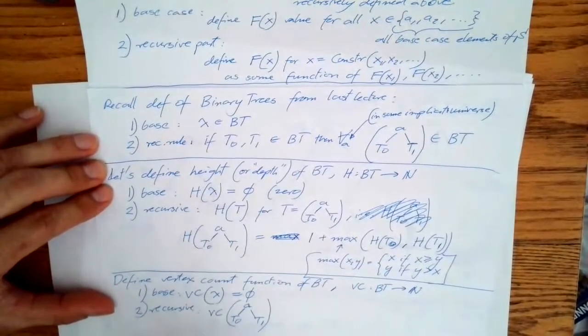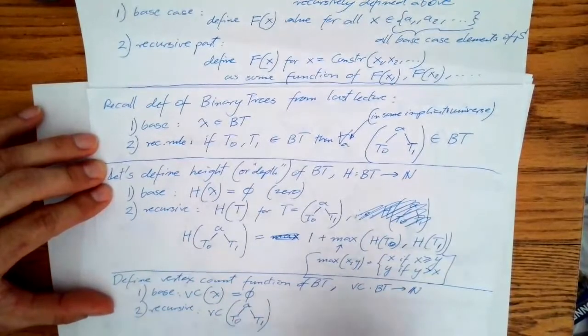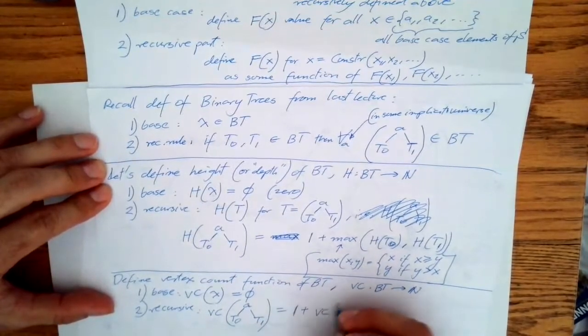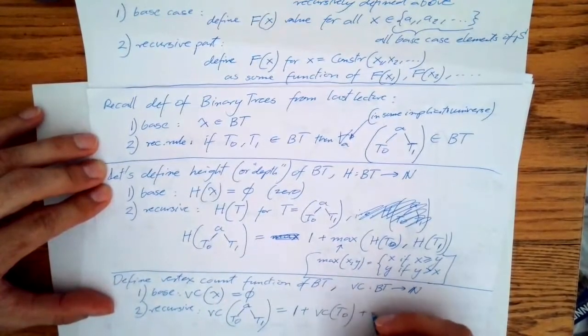I just have to define the VC on this type of tree as a function of the vertex count on T0 and T1. However many vertices are in this subtree should be added to however many are in this subtree, and then one more for this root. So it should be 1 plus the vertex count of T0 plus the vertex count of T1.